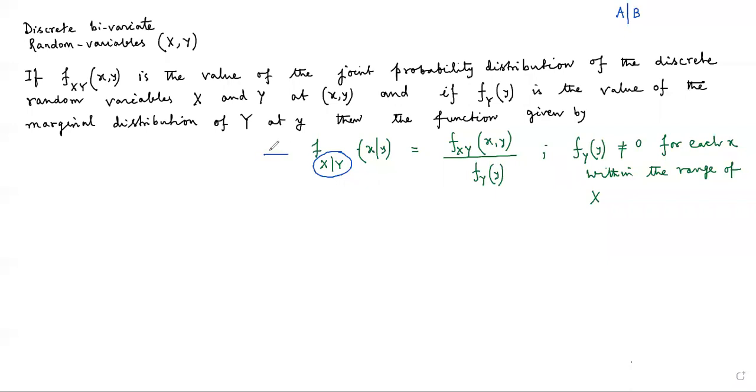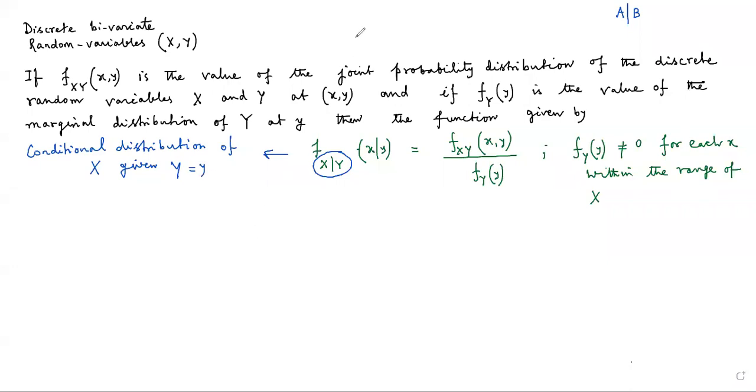So this sort of distribution that I have defined is called the conditional distribution of capital X given capital Y equal to small y. So this is the definition.